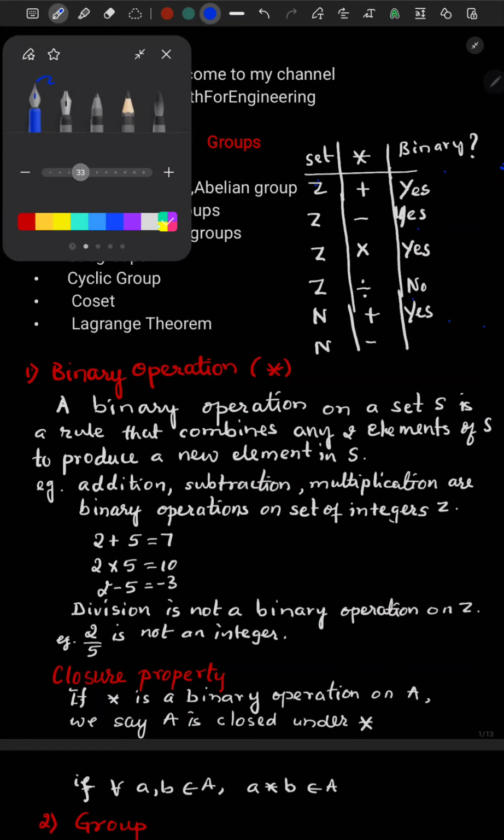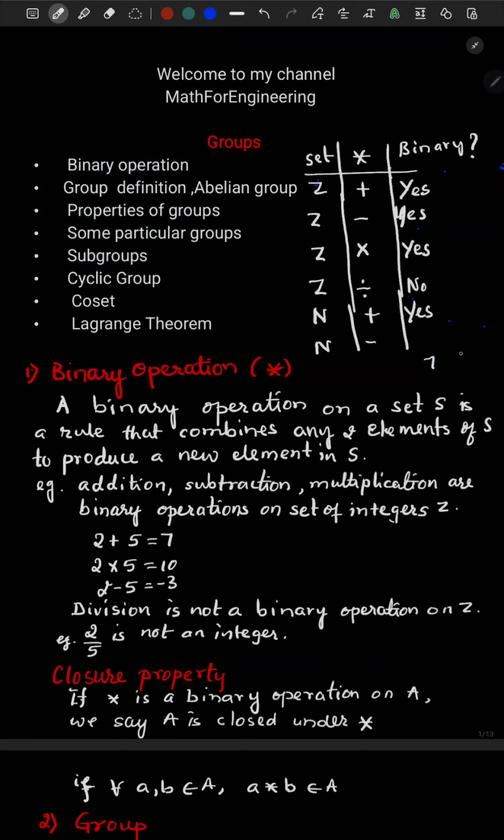Take any two natural numbers and subtract them. Say for example, 7 is a natural number, 9 is another natural number. 7 minus 9 is minus 2. But minus 2 does not belong to the set of natural numbers. Hence, minus is not a binary operation on the set of natural numbers.